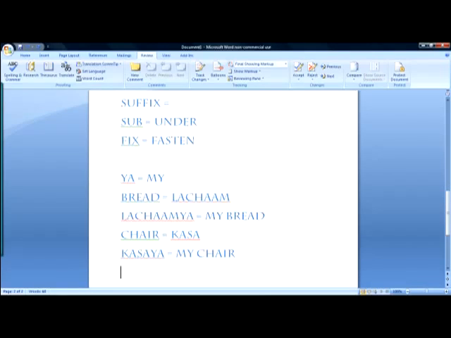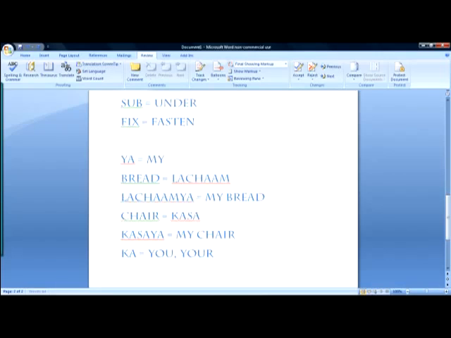The next one we're going to deal with is the suffix ka. Now the ka at the end of a word means you or your. I'm gonna use the same examples. The word for your bread would be lacham ka.